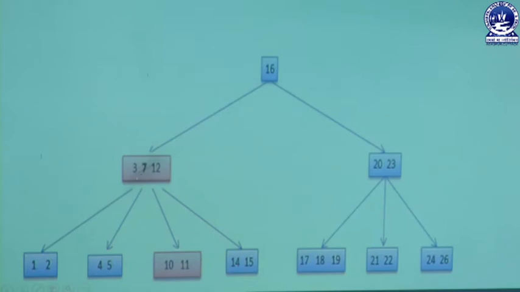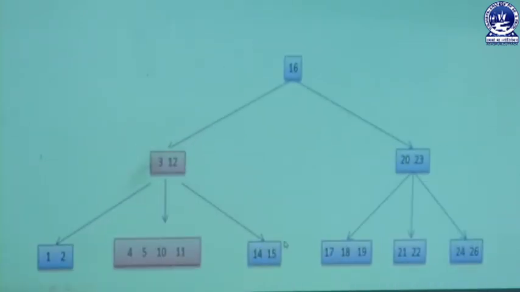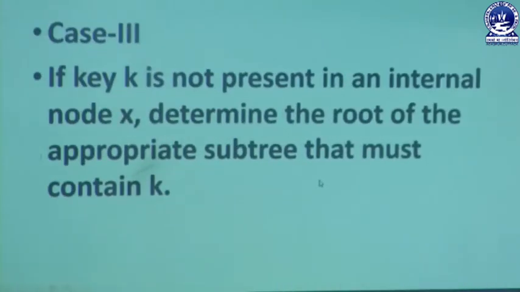All the nodes, that is 4, 5, 10, 11, will be merged, as all those are in the range between 3 to 12, and for that reason now the tree will look like this. Now 16 is present here, 3, 12, 20, 23, then 1, 2, then 4, 5, 10, 11, then 14, 15. In this way the tree will look like this.